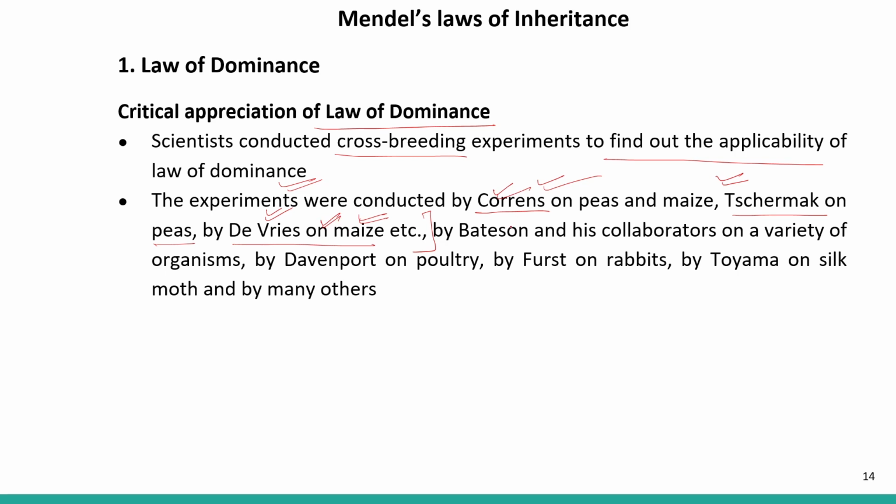Bateson and his collaborators on a variety of organisms, Davenport on poultry, Cuénot on rabbits, Toyama on silk moth, and many others also had such results. They also followed the same results given by Mendel.